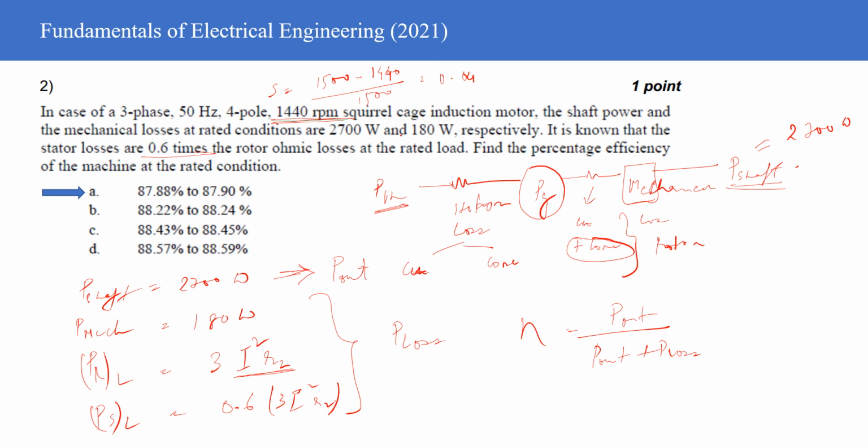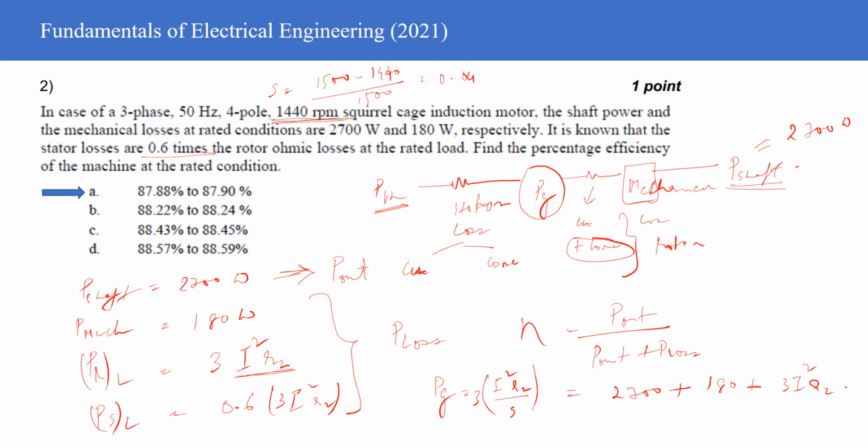The PG is also known to you as 3 I square R2 divided by S. This formula has been taught to you in your classrooms. And we know from this energy diagram that PG is nothing but shaft power, which is 2700 in our case, plus mechanical losses, which is 180 in our case, plus 3 I square R2, which is the rotor copper loss.